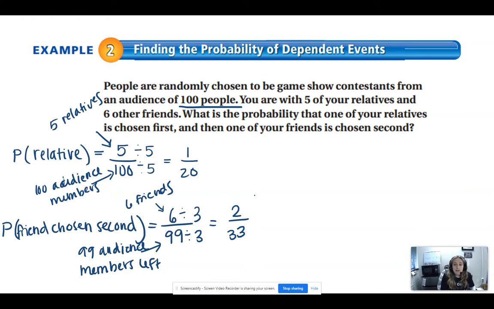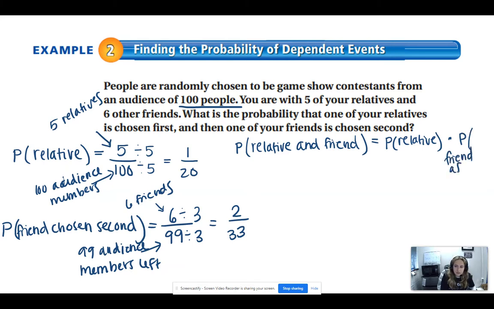Now we're going to find the probability of the full A and B, so the probability of choosing a relative and then choosing a friend. That's going to equal the probability of choosing a relative first times the probability of choosing a friend after a relative.